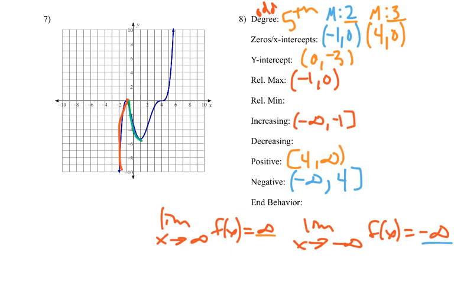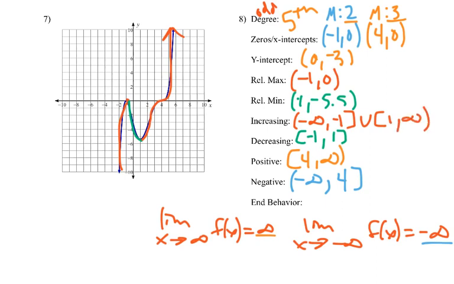So we have a minimum here at, looks like, -1, -5.5. So I decrease from -1 to +1. Okay, then we're going to be increasing the rest of the way. So we jump from +1 to positive infinity.